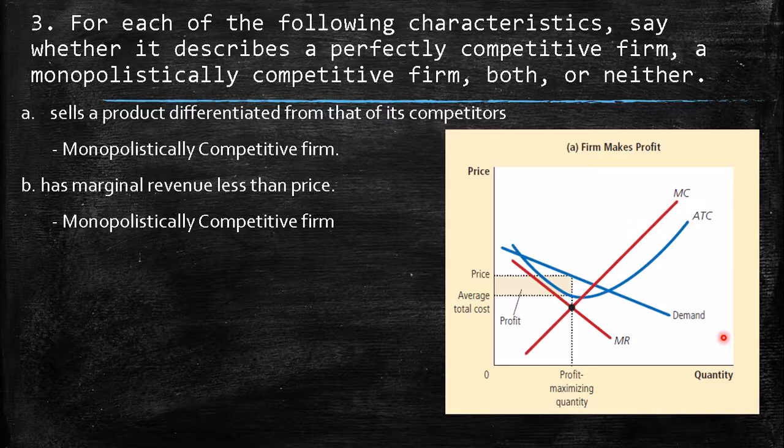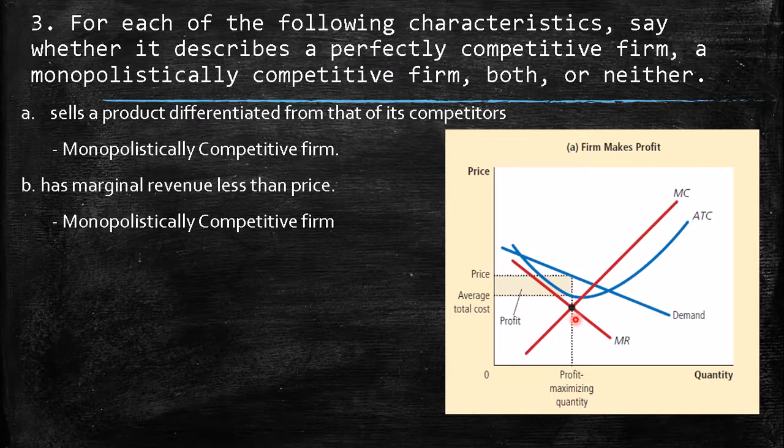If they charge a higher price, no one will buy. So here in the monopolistically competitive firm, the demand is downward sloping, and the marginal revenue is steeper than the demand. Then you will choose the quantity where the marginal cost is equal to the marginal revenue.